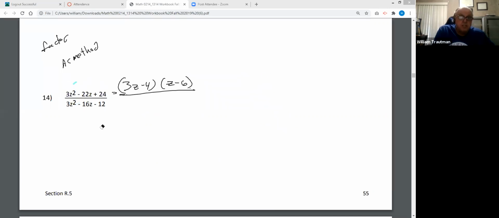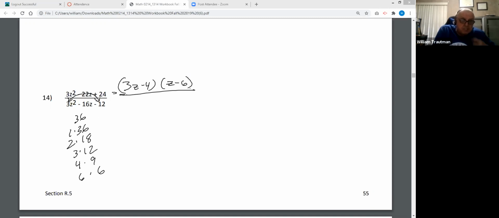All right. So I'm going to use the AC method on the bottom now. 3 times 12 is 36. 36 is 1 times 36, 2 times 18, 3 times 12, 4 times 9, 6 times 6. Which one will give me a negative 16? Those two. Plus 2 and a minus 18.